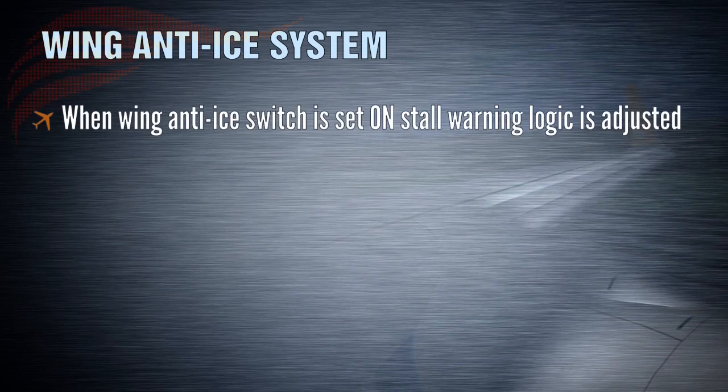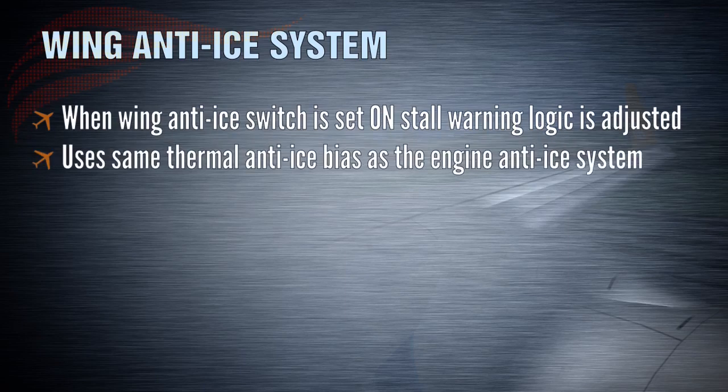When the wing anti-ice switch is positioned on, stall warning logic is adjusted to account for potential ice buildup on the leading edge of the wings. This uses the same thermal anti-ice bias as the engine anti-ice system and affects the stick shaker onset speed and the minimum maneuver speed bars on the PFD speed tape.